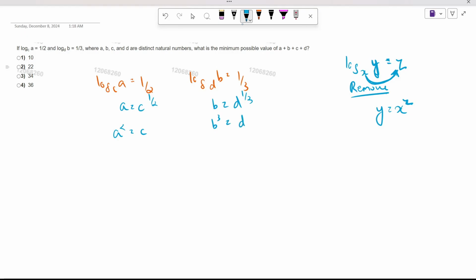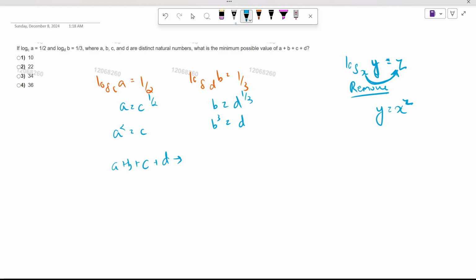Now, what do we need to calculate? The minimum possible value of a plus b plus c plus d. In place of c, we can write a square, and in place of d, we can write b cube.